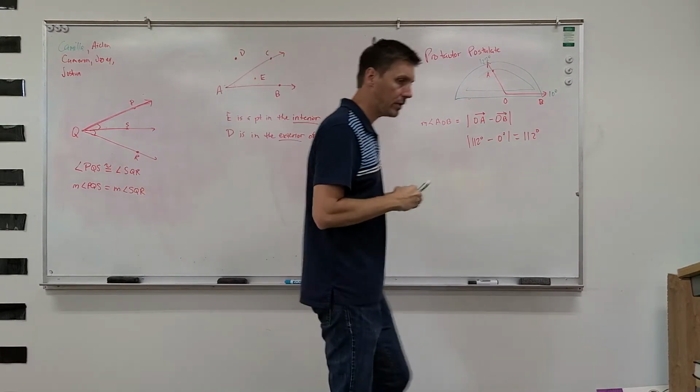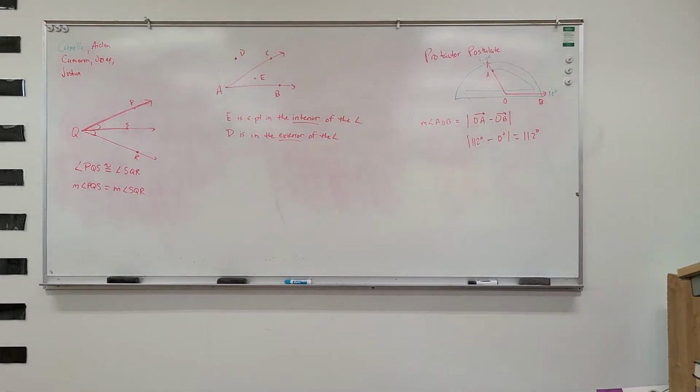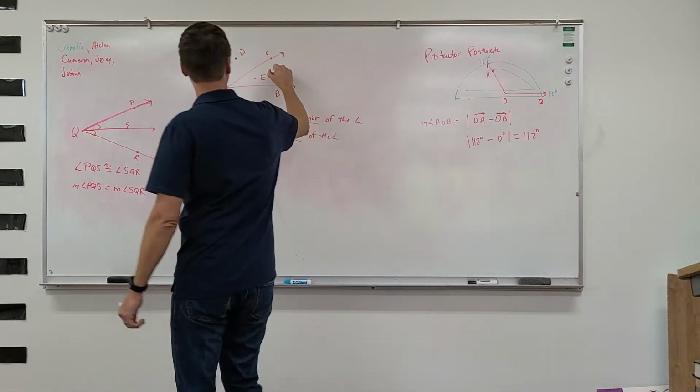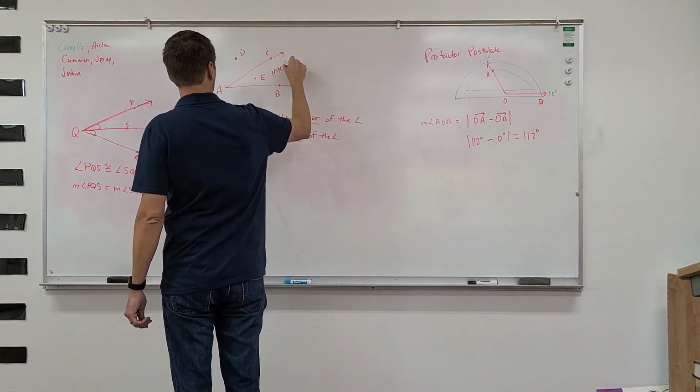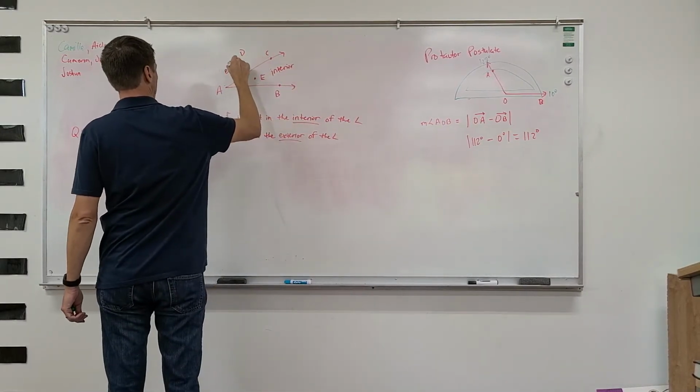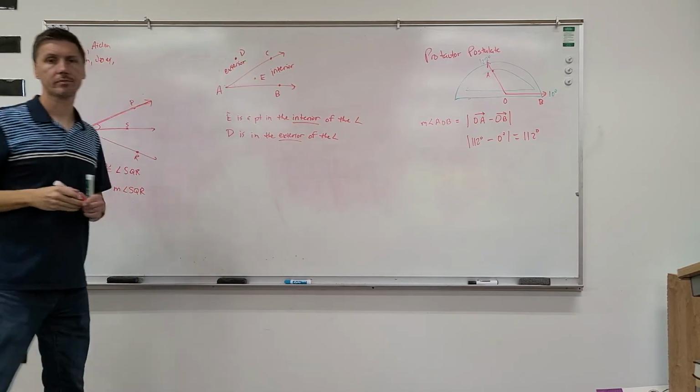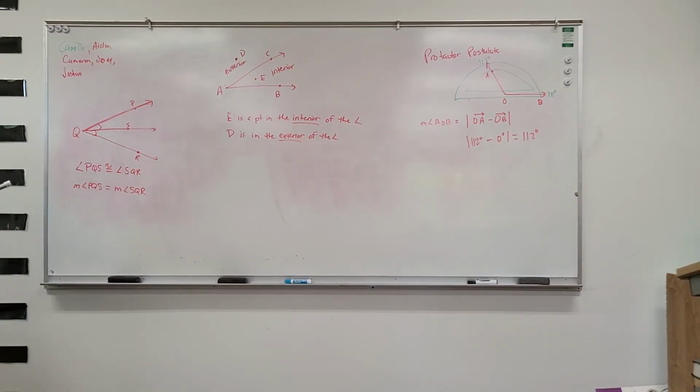The one point's interior to the angle, the other is exterior to the angle. Makes sense, right? Anything in this area here is interior. Anything out here is exterior. Pretty straightforward, but just definitions.